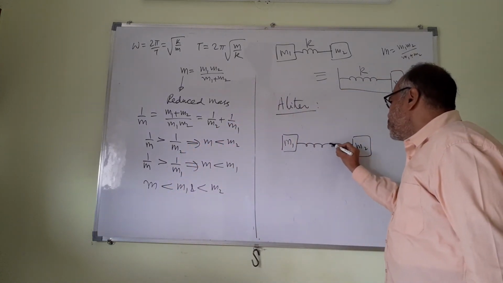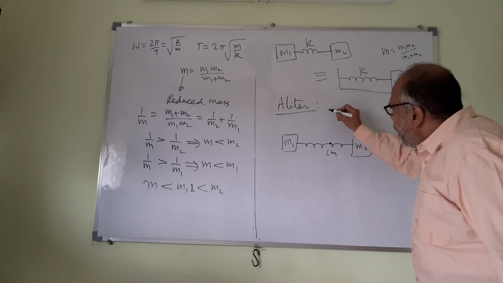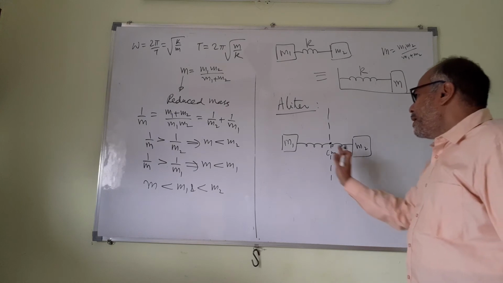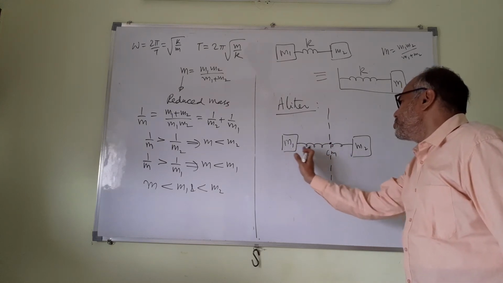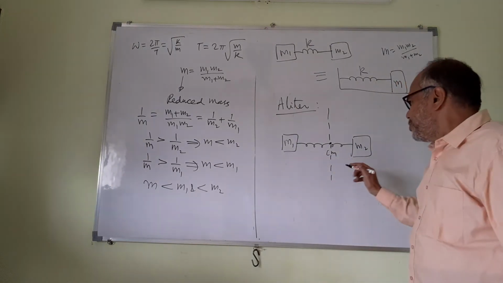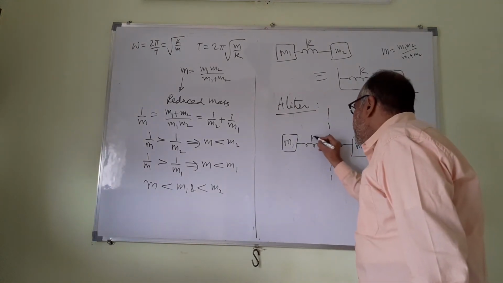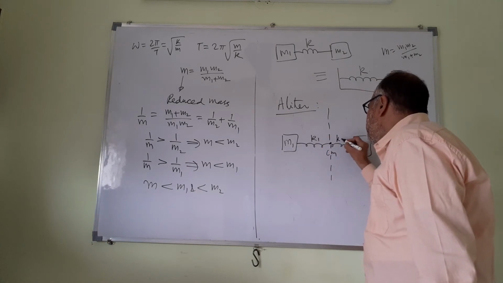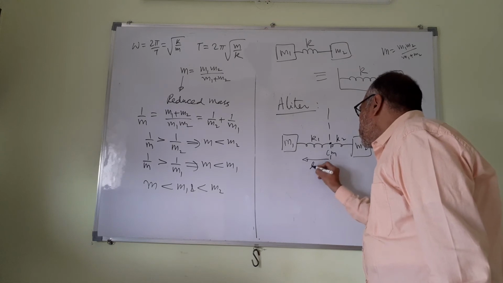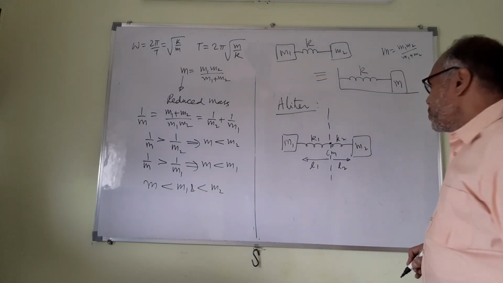So let's say the center of mass is somewhere here. Since it doesn't move, I could create a wall there. And I have one spring mass system here and another spring mass system here independent of each other. So, if this can have a spring constant K1, this can have a spring constant K2. Let us say this length of the spring is L1 and this length of the spring is L2.